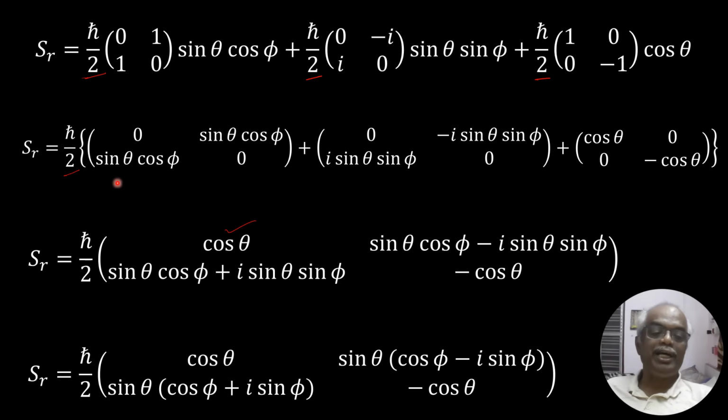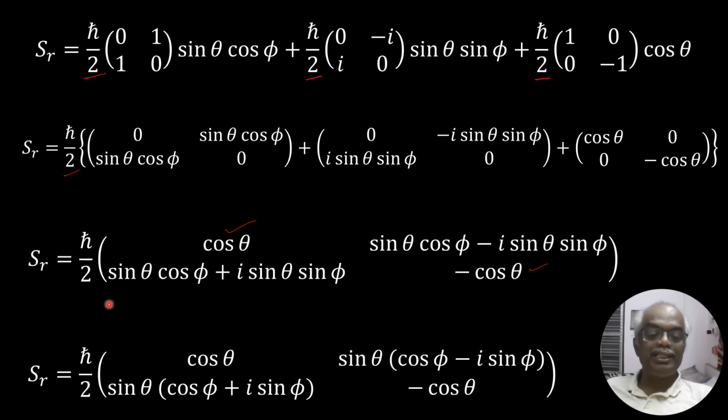Then you add these three: sin θ cos φ, first this term, plus i sin θ sin φ. This is 0, so don't worry about it. Then next this term, 0 plus 0 minus cos θ, so you will get here minus cos θ. So now we got the single matrix.